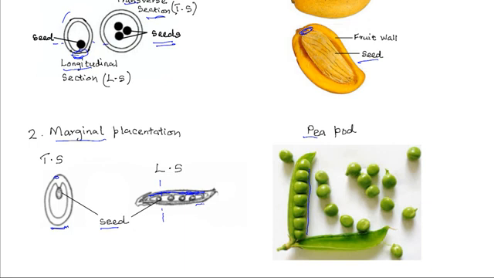Even bean pods have marginal placentation. So, in marginal placentation, since the placenta is found along one ridge on the wall of the ovary or the fruit wall, then the ovules or seeds are attached to the placenta, forming a row.